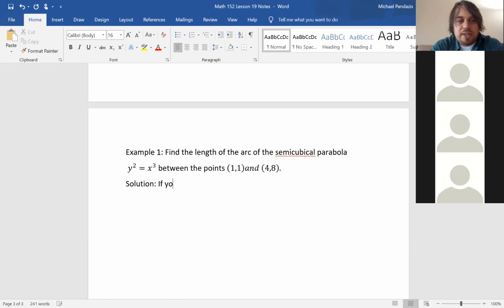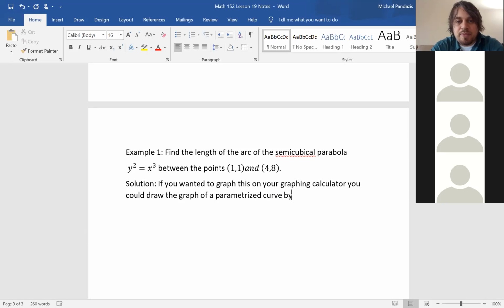If you wanted to graph this on your graphing calculator, you could draw the graph of a parameterized curve by doing the following.